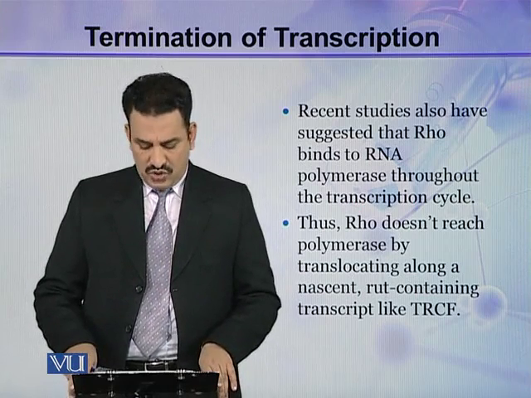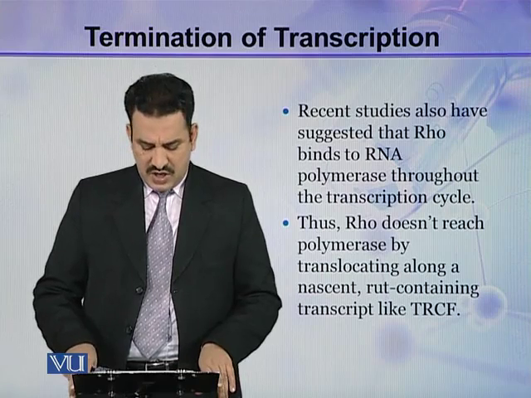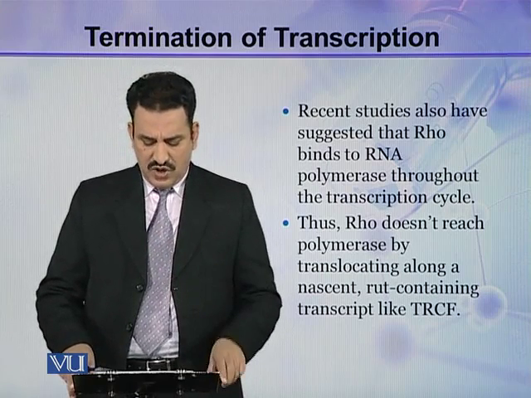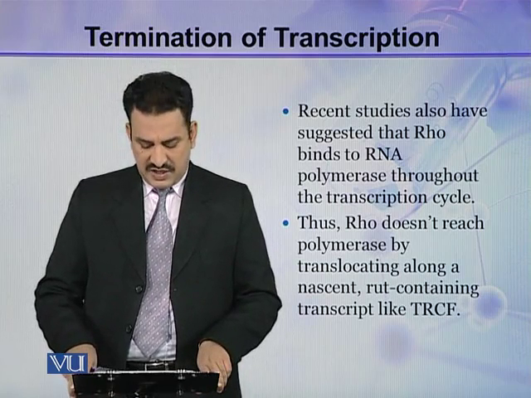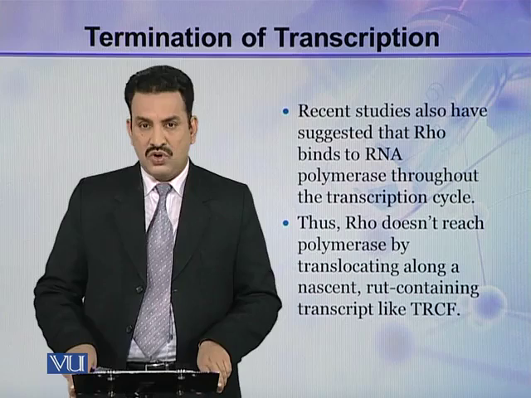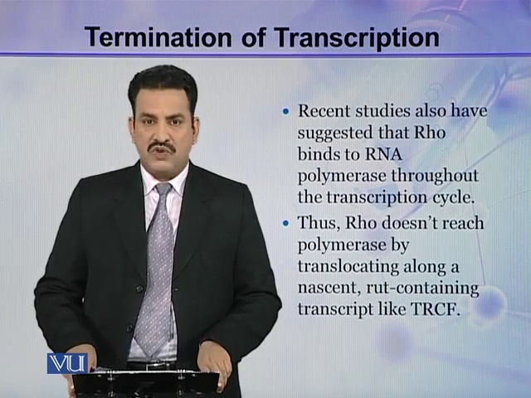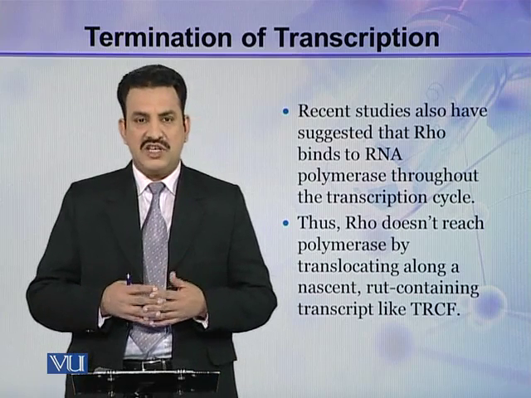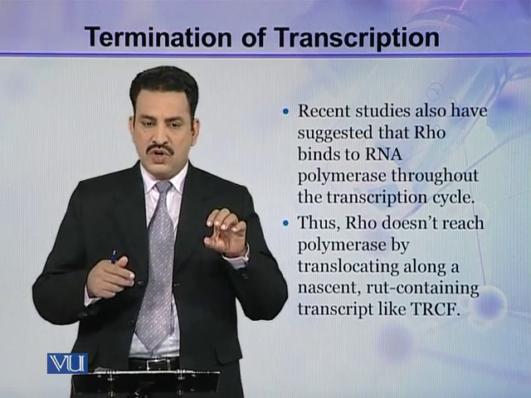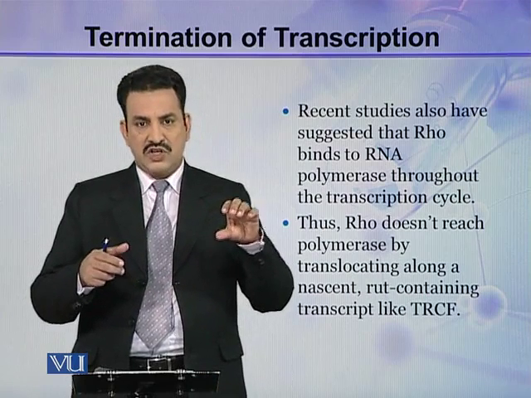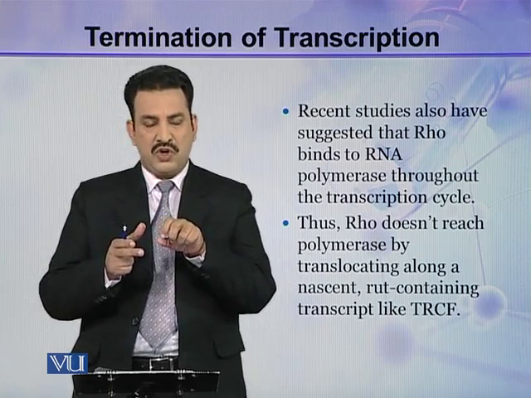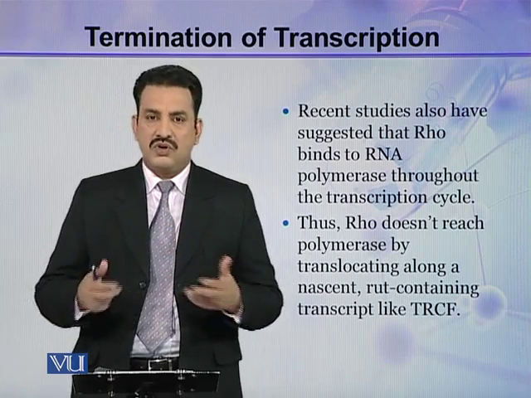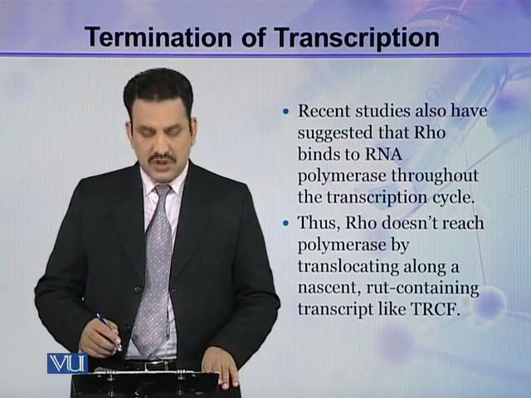Thus, Rho doesn't reach the polymerase by translocating along a nascent rut-containing transcript like TRCF. So it doesn't work like TRCF. That is, it binds to DNA, then it translocates and then pushes the polymerase forward. So this is not true.